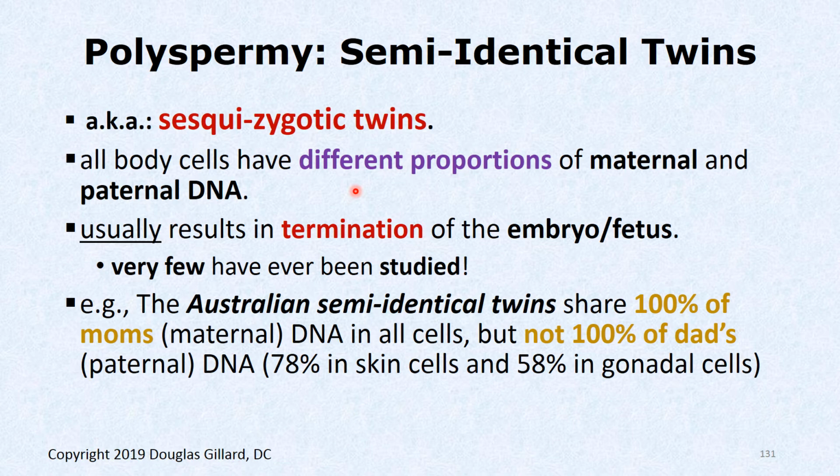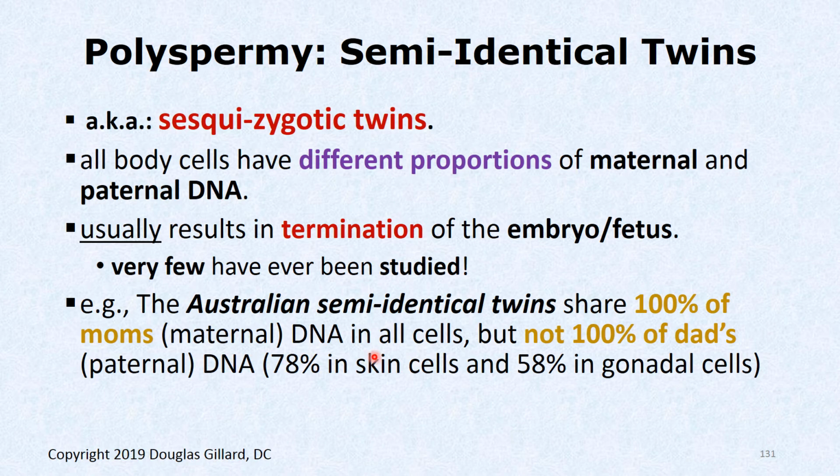But not these sesquizygotic twins. They have different amounts of genetic material in different parts of the body. So it's very strange. All the body cells have different proportions of maternal and paternal DNA. So really weird. Usually, as I said, it results in termination of the embryo or fetus; it doesn't make it. A couple have been studied.